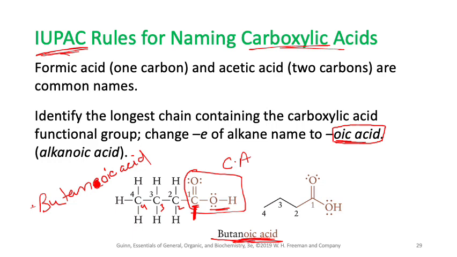And then where's the carboxylic acid group? On 1, so you can write 1-butanoic acid, or usually you don't write 1, because if you don't write it, we know the carboxylic acid is present on the first carbon. Same thing in a line structure formula, 1, 2, 3, 4, butanoic acid, right? What's the name of this structure over here?